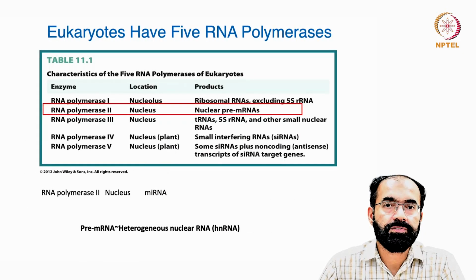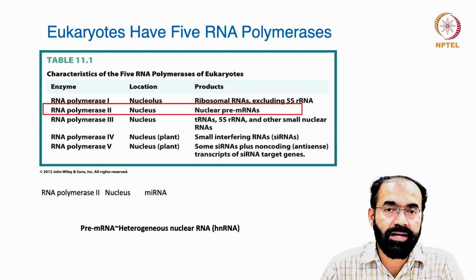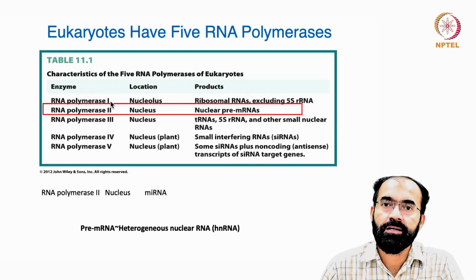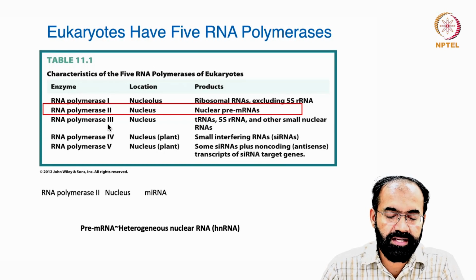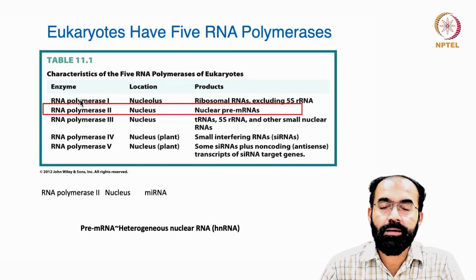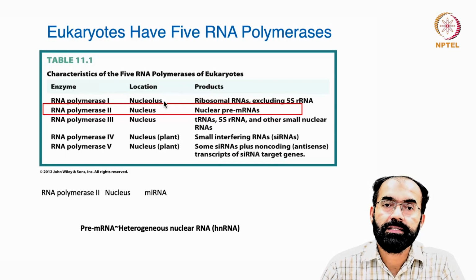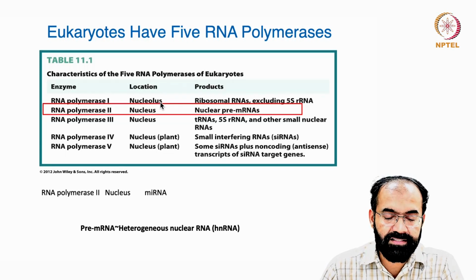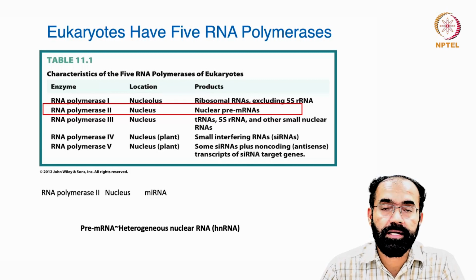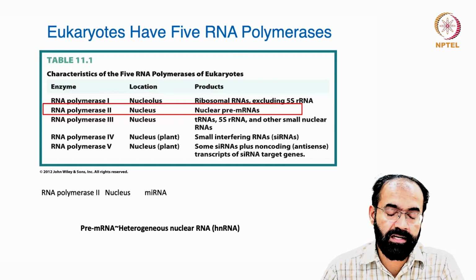So eukaryotes have around 5 different types of RNA polymerase: Polymerase I, Polymerase II, Polymerase III, Polymerase IV and Polymerase V. RNA polymerase I is predominantly in the nucleolus. The nucleolus is a structure that can be seen densely stained in the cross section of a cell.